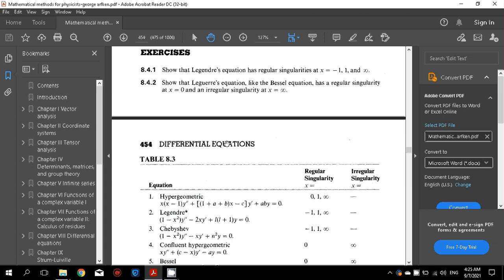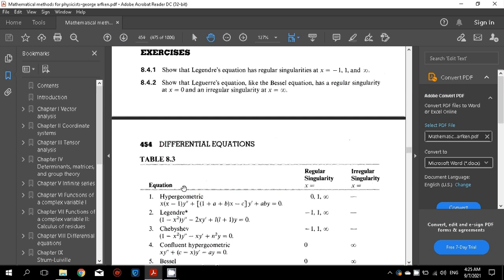Now this is a set of equations. You have to solve these problems, exercise 8.4.1 and exercise 8.4.2, which I have done in my notes.